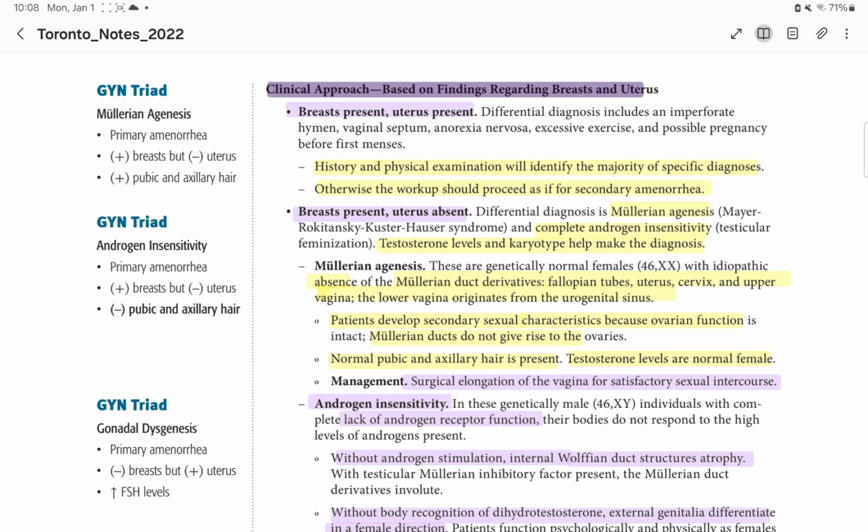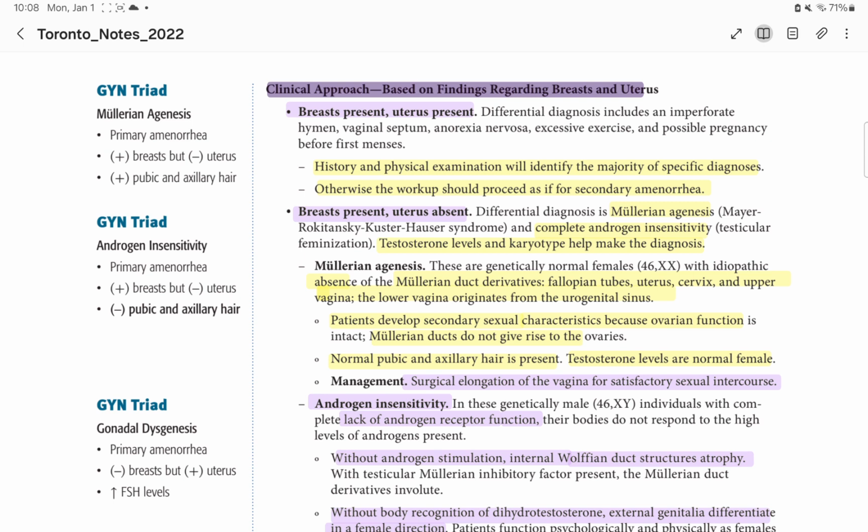So a problem with the hymen, vaginal septum, anorexia nervosa, excessive exercise, and possible pregnancy before the first menstruation can be the cause of that amenorrhea. But if breast is present and uterus absent, Mullerian agenesis can be one of the causes.